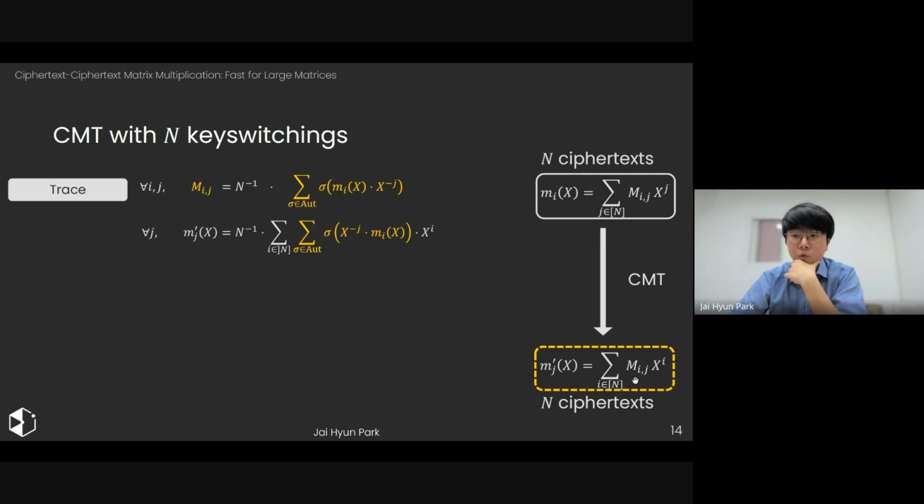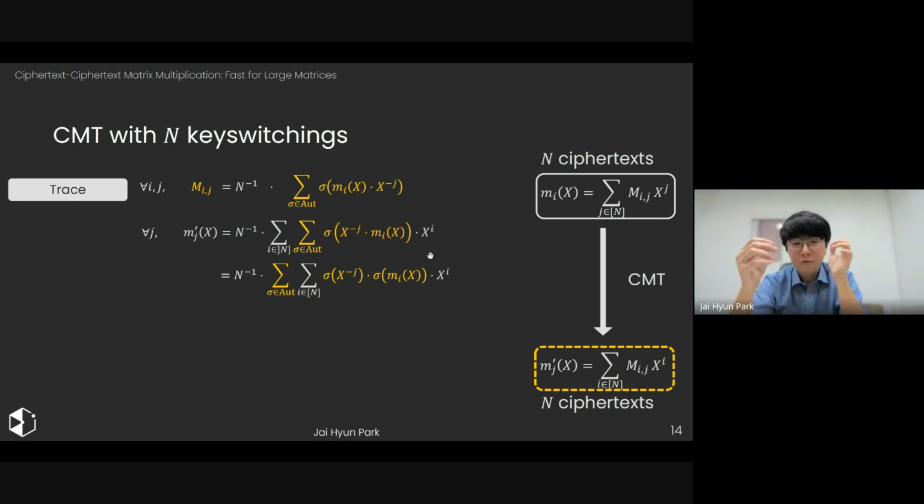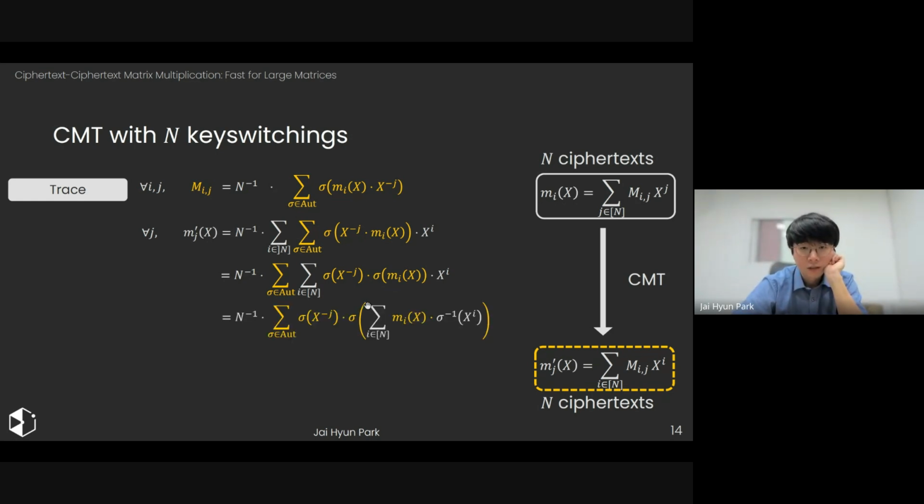We can put the first equation in here: M_j prime times X equals the sum of M_ij times X to the i, which is equal to the sum over i of the sum over all the automorphisms of this. As all of these are finite sums, you can swap the order of summation, and after you polish some equations, you get something like this.